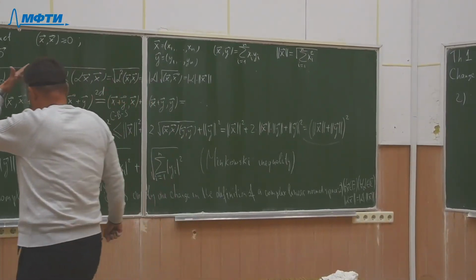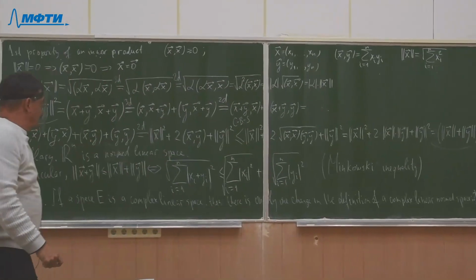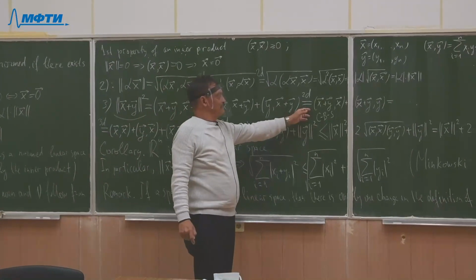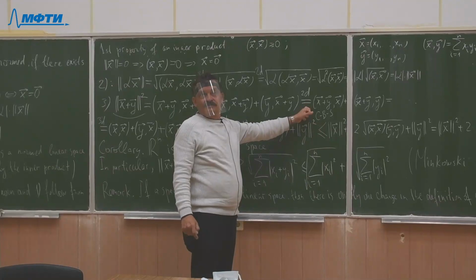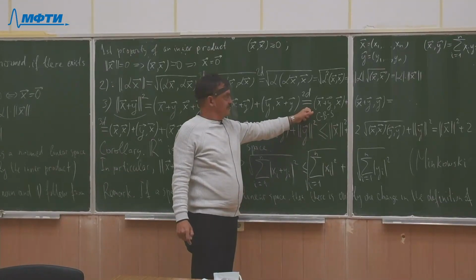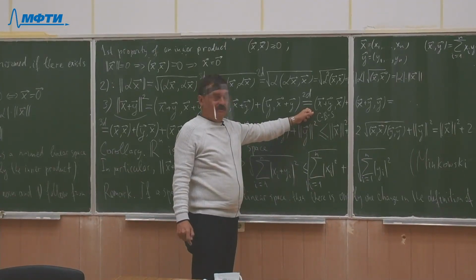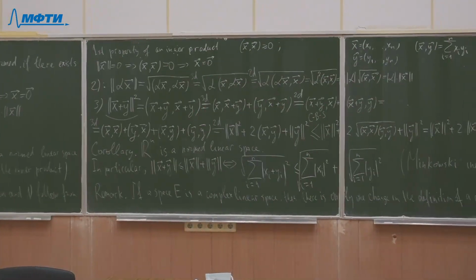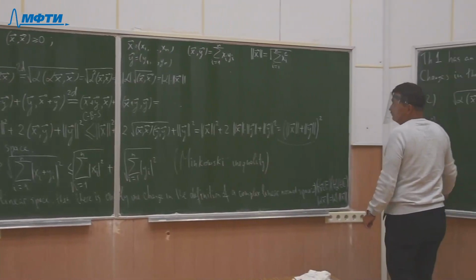Now for the third property. Once again, when we use the second, change here, right? So for the third, look where we'll need to make a change.